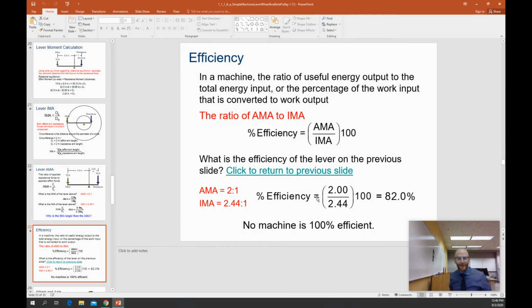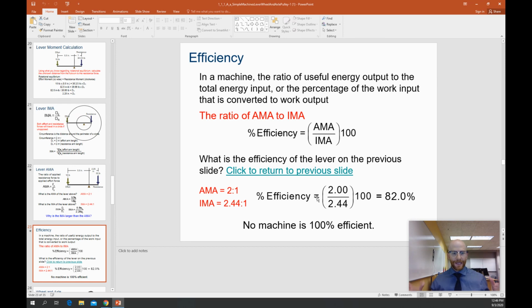The next thing that we want to talk about, especially when it comes to mechanical advantage, is efficiency. Okay? So actual mechanical advantage, ideal mechanical advantage. If the actual mechanical advantage equaled the ideal mechanical advantage, that would be 100% efficient.